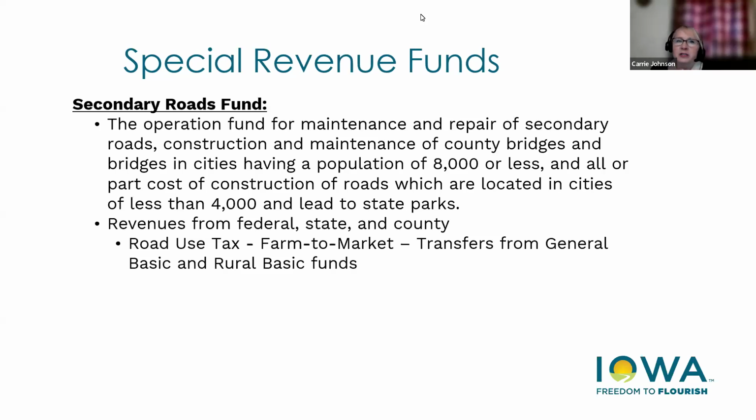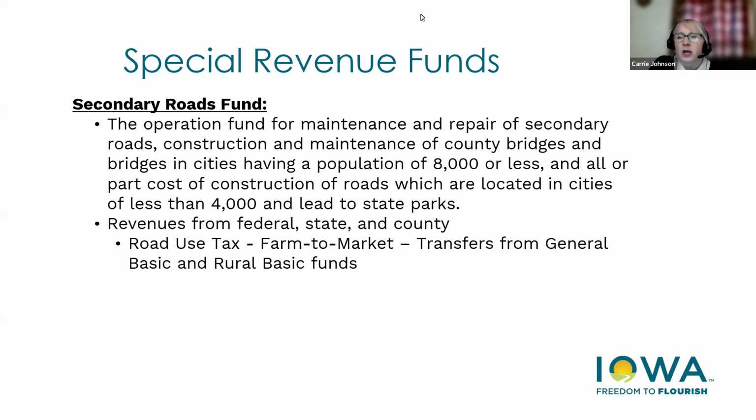Another special revenue fund is the secondary roads fund, and this is the operation fund for the maintenance and repair of your secondary roads, bridges, and that sort of thing. It is a special revenue fund. Revenues from the road use tax fund, for instance, go there, as do farm to market revenues, which also come from the state, from that road use tax fund source from the Department of Transportation.